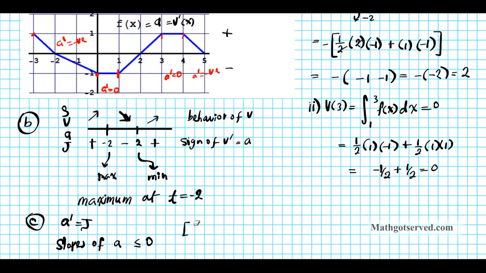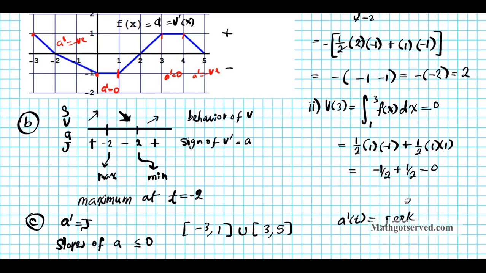So from -3 to 1, and then from 3 to 5, because it's 0 and then negative from 3 to 5. So this is where your jerk is less than or equal to 0. Okay, so don't forget that A prime of t, the derivative of acceleration, is your jerk.